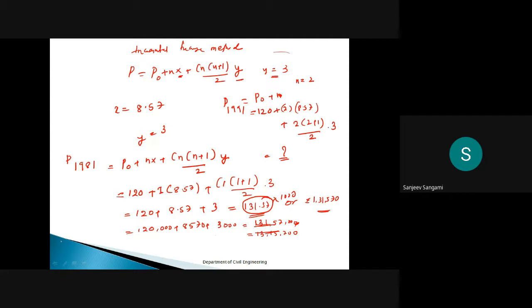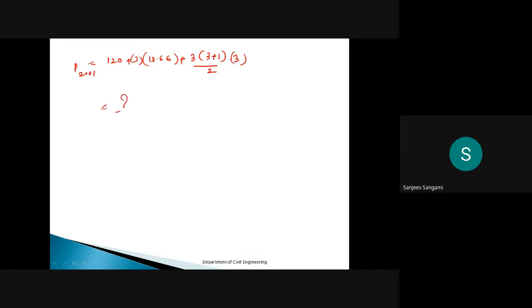Next, if you want to calculate for n equal to 3, that is for 2001 according to this calculation, then just replace. P at 2001 is equal to 120 plus n will be 3, x that is 10.66 that we already calculated, then 3 into 3 plus 1 divided by 2 into y, which is 3.